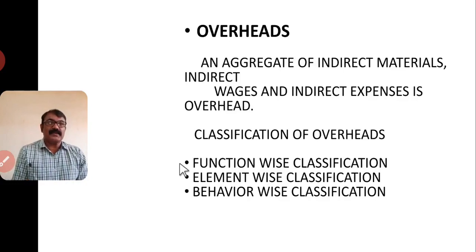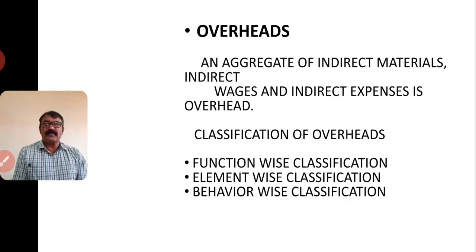Function wise classification you already saw in the first, second and third sessions. Element wise classification I have explained at present. Behavior wise classification you studied in the previous classes, the first, second and third sessions.